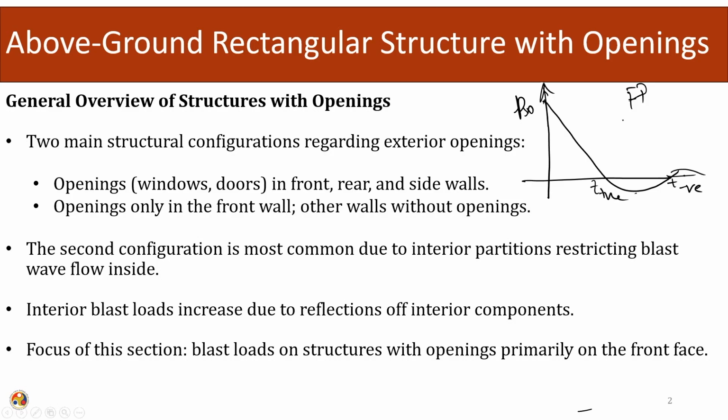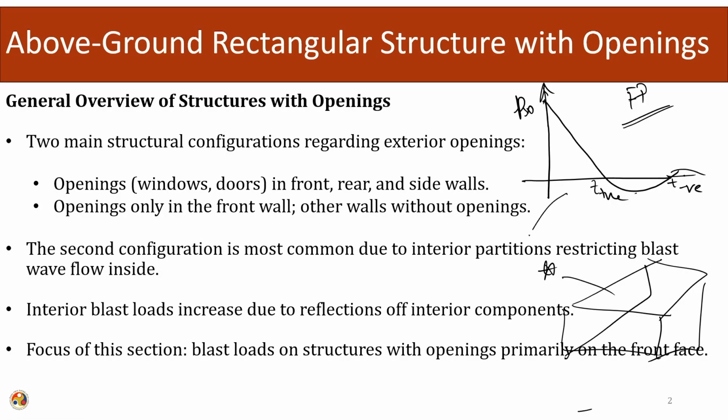Once we have this, then depending upon what face we are calculating, let us say we are calculating on the front face, we convert the actual loading into an equivalent loading. For that we preserve the total impulse.